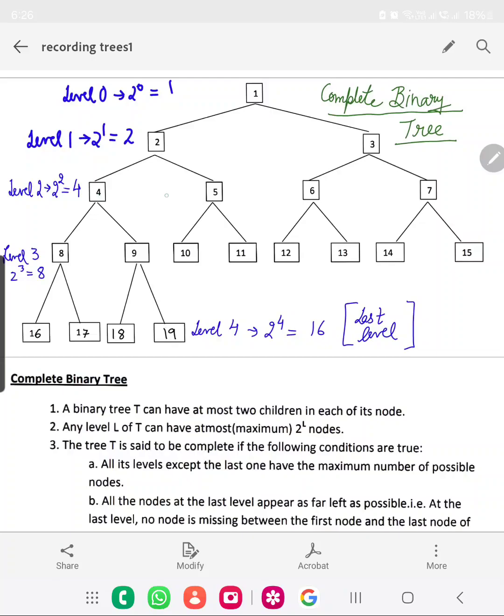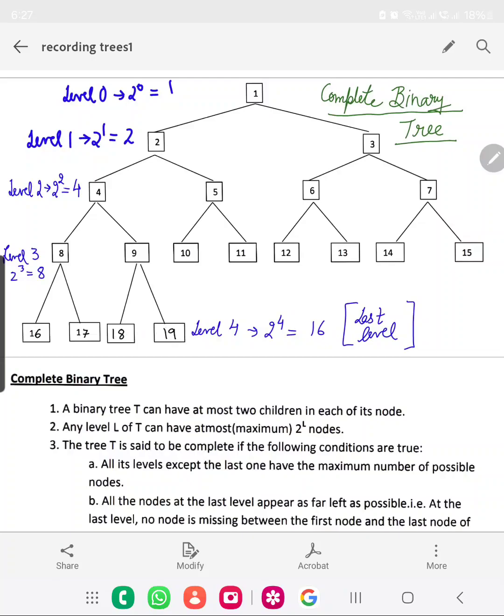Then we have the nodes 4, 5, 6 and 7, which are at level 2. Then at level 3 we have 8, 9, 10, 11, 12, 13, 14 and 15. At level 4 we have only 4 nodes, 16, 17, 18 and 19.